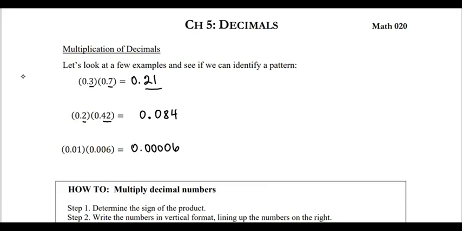And from the second number, we had 2 digits behind the decimal point. So 1 plus 2, we got 3 digits behind the decimal point. And then the last one, we had 2 digits behind the decimal point, 3 digits behind the decimal point. We got 5 digits, 1, 2, 3, 4, 5 digits behind the decimal point.